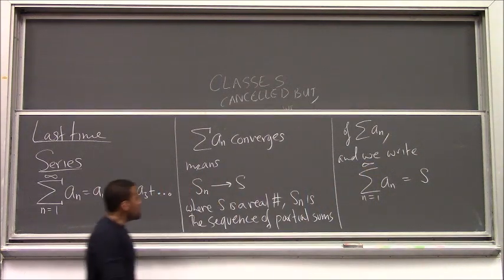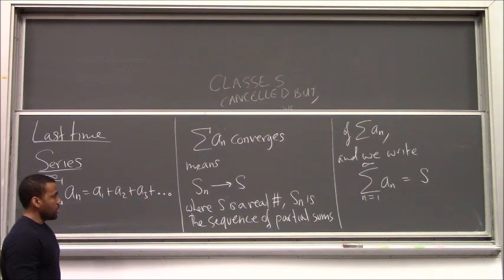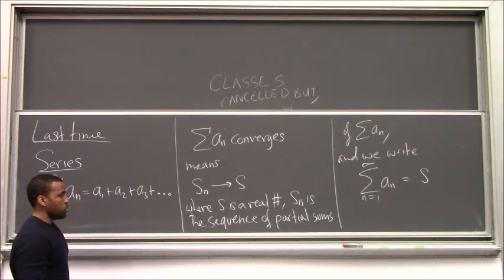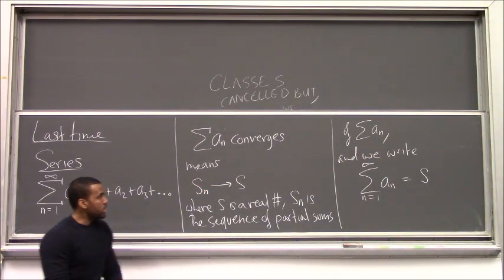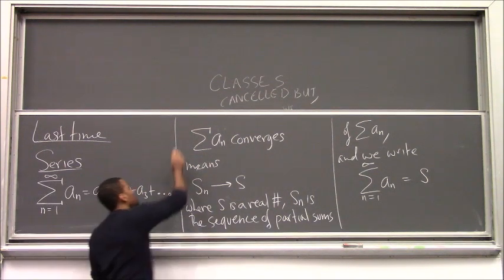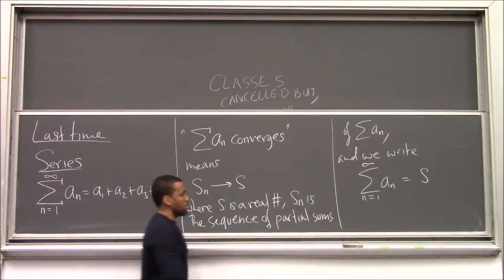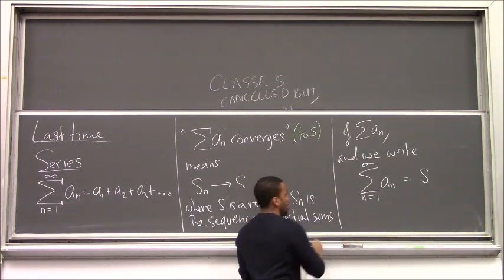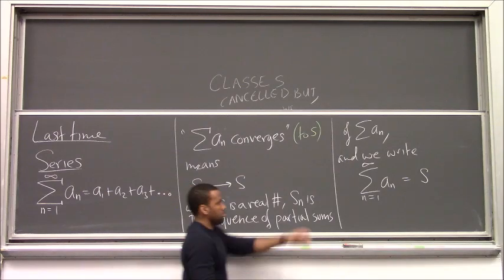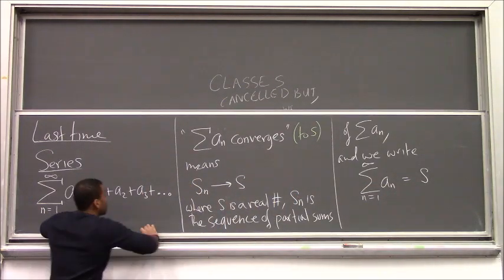So convergence means we add up the first n terms and then we keep adding one more term and one more term, and we look at what that approaches in the limit. If it approaches a real number, we say the series converges, and we say it converges to that number. So we can say it converges to S, and we can write this equals S, and what it means is the sequence of partial sums converges to S.